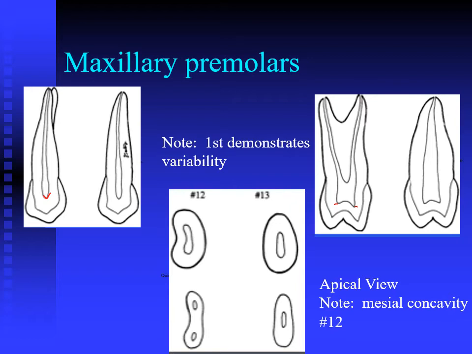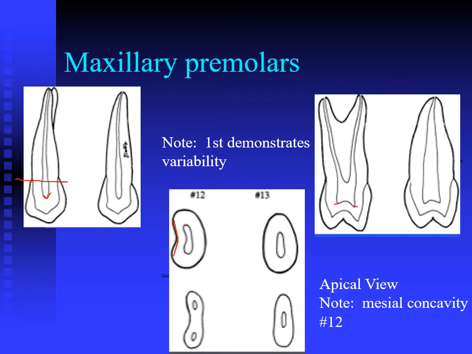In the cross-sectional view, if we take the maxillary first premolar, remember the very striking anatomical feature of the mesial surface of the maxillary first premolar is this mesial concavity. It is a significant concavity that extends from the root into the crown form beyond the CEJ of the proximal surface on the mesial. This makes this tooth look almost kidney bean shaped in outline form.